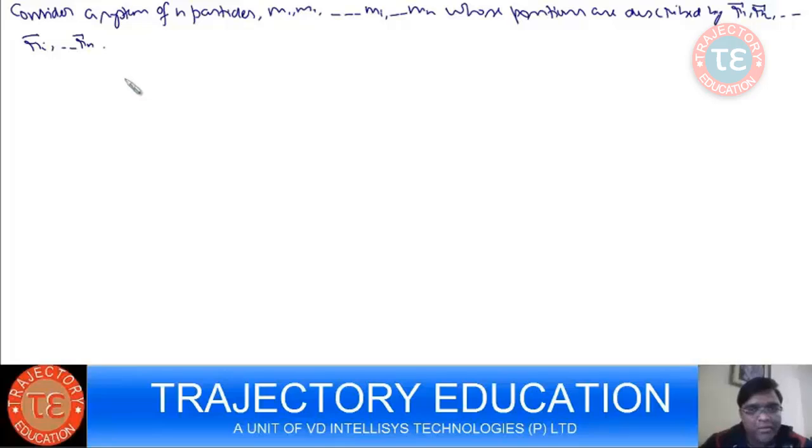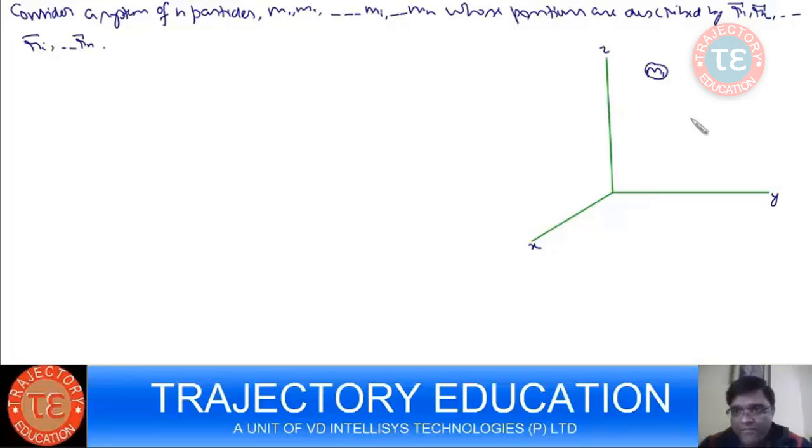Suppose you have a three-dimensional coordinate system like this, with axes x, y, and z. You have mass m1, m2 here, mi here, and this is mn, right?